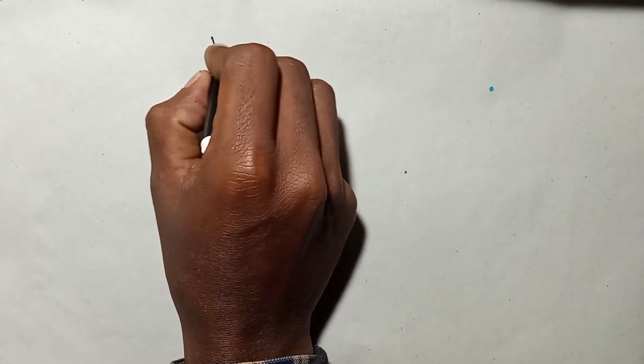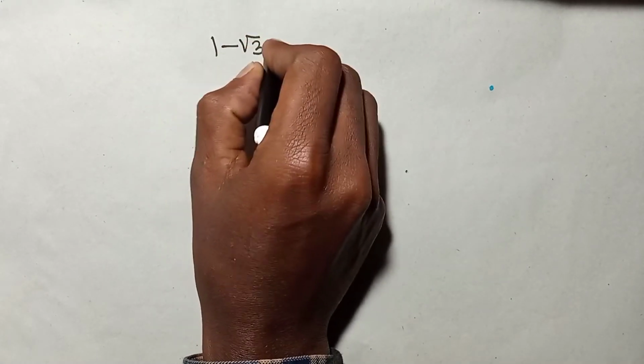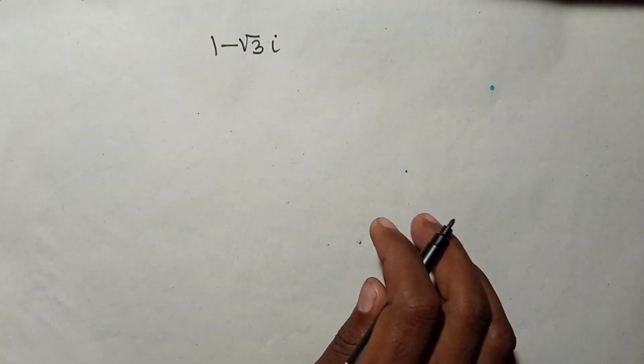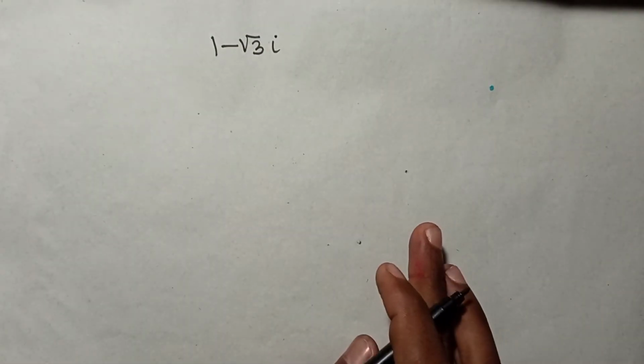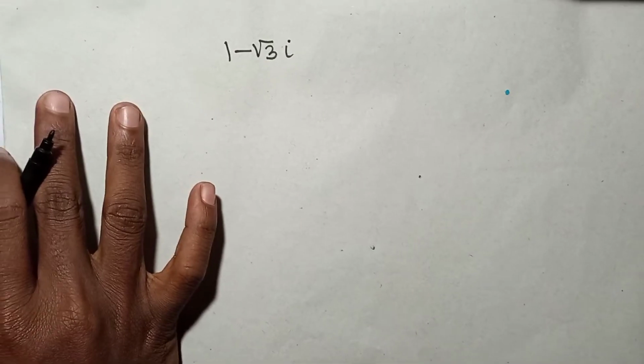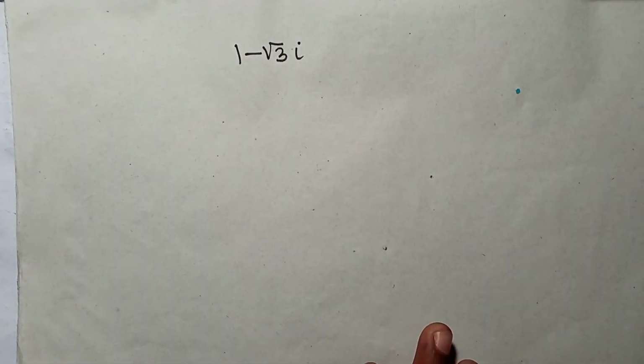So let's see an example. Let's say I have the complex number 1 minus root 3 iota, and I want to find out the principal argument of this complex number. Let's see the steps.